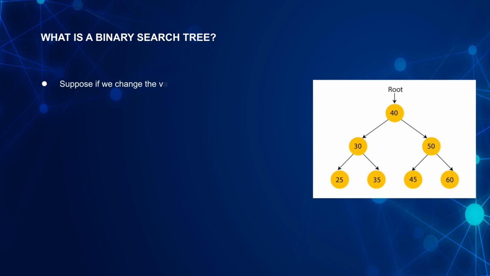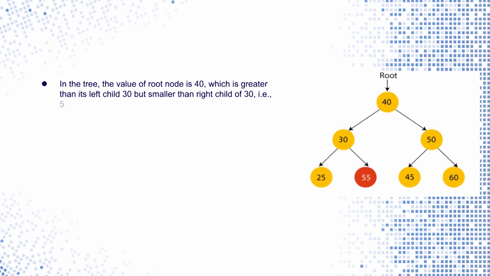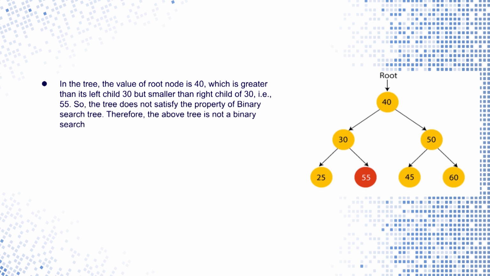Suppose we change the value of node 35 to 55 in the tree. Check whether the tree will be a binary search tree or not. In the tree, the value of the root node is 40, which is greater than its left child 30, but smaller than the right child of 30, that is 55.